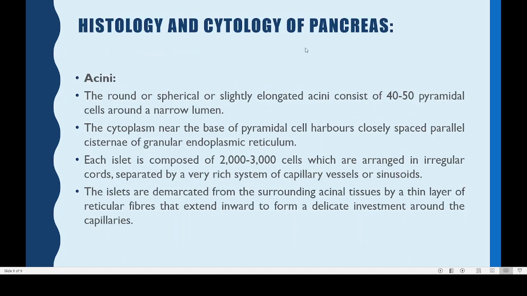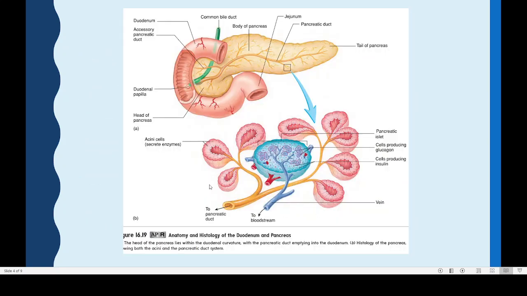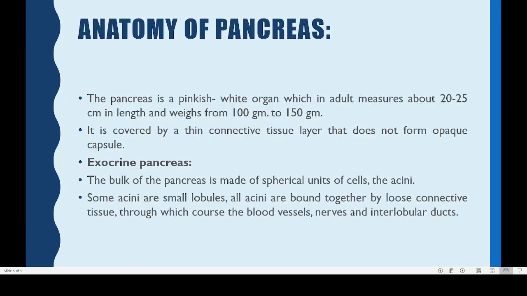The round or slightly elongated acini consist of 40 or 50 pyramidal cells, and there is a very narrow cavity. This cavity is known as the lumen. So here the outer region consists of a number of cells known as pyramidal cells.